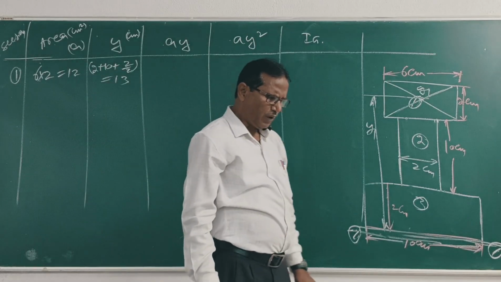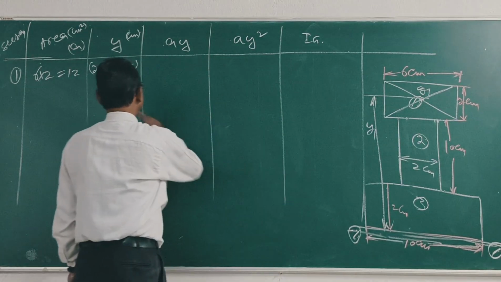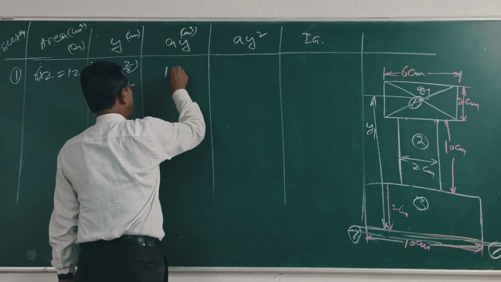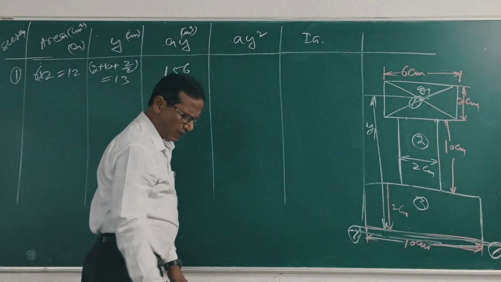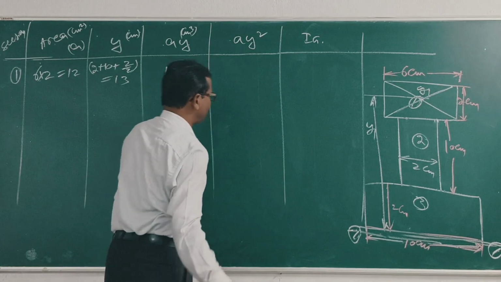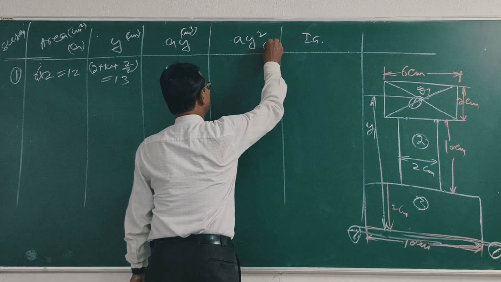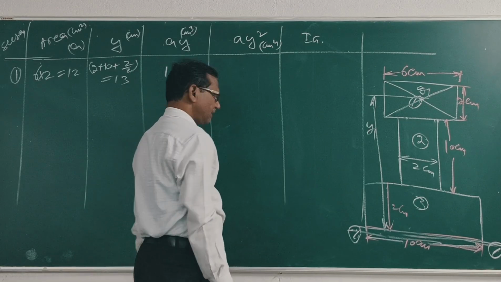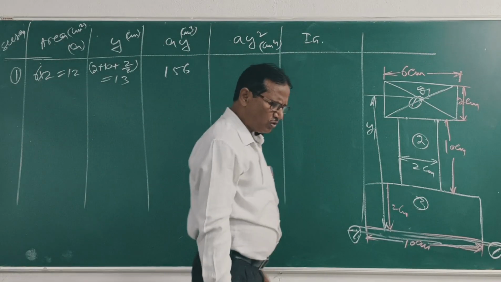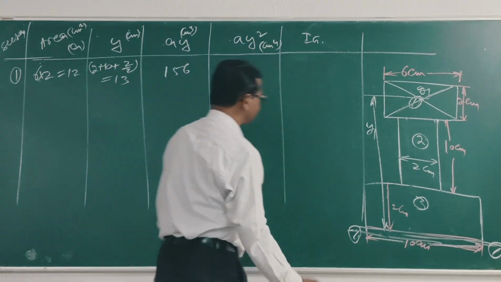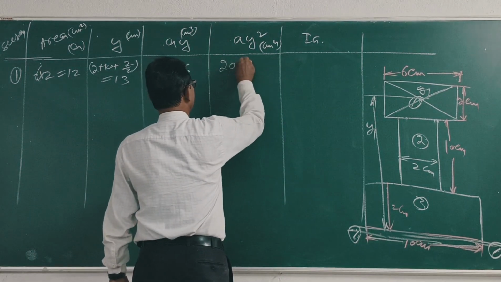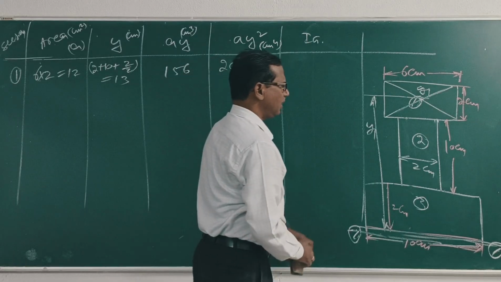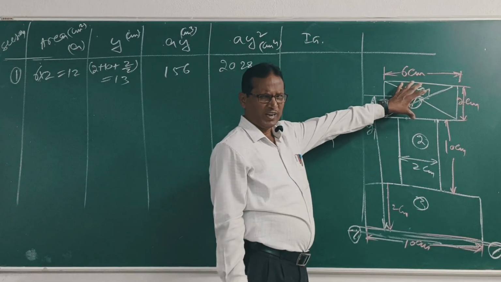Clear? A y. What is A y? cm cube. 156. A y square, cm fourth. A y into y, this is equal to 2028 cm fourth. I G1 for section 1.